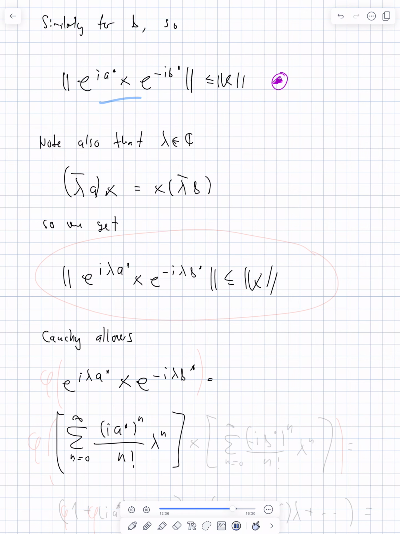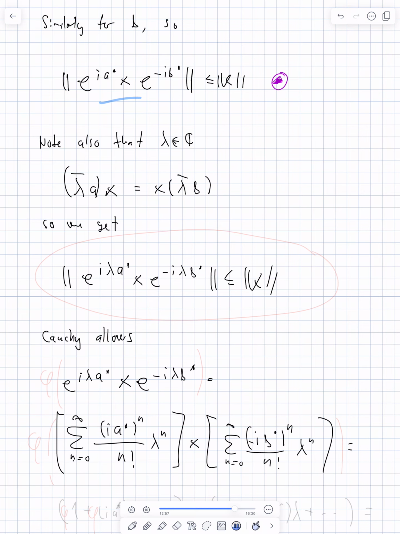So it looks like a power series with coefficients from the C-star algebra. Then I have my x, and then I do the same with the b's: minus i b star to the n over n factorial, lambda to the n.